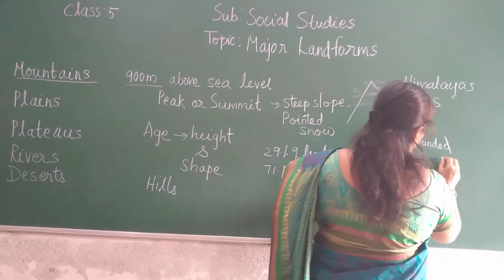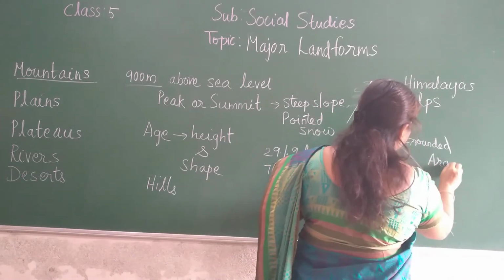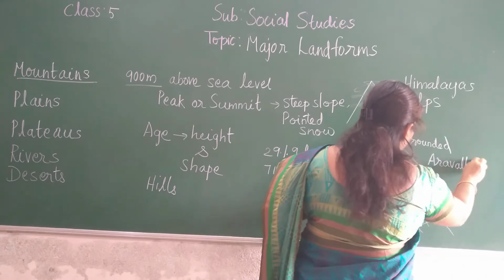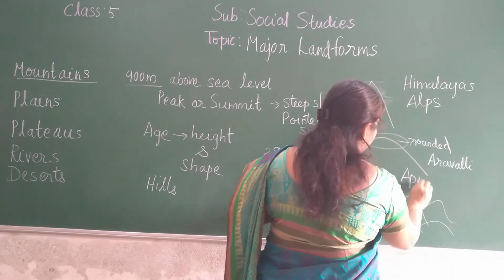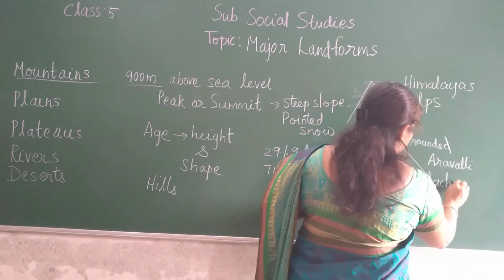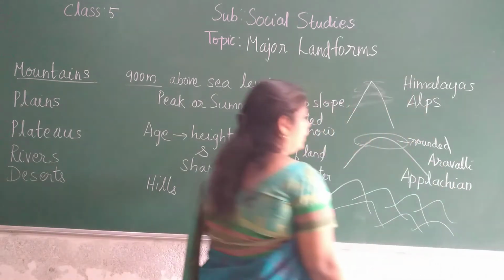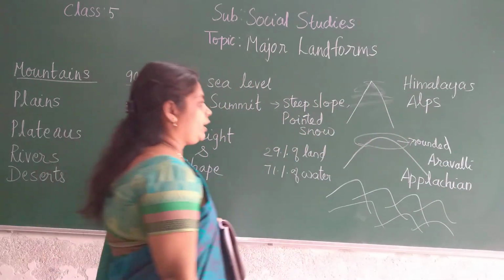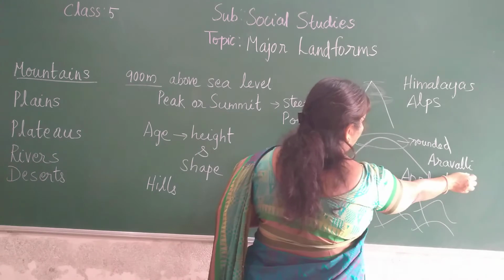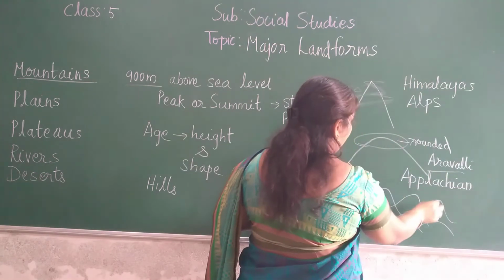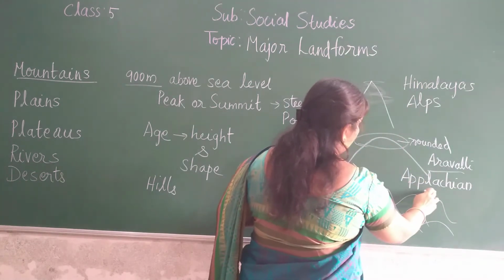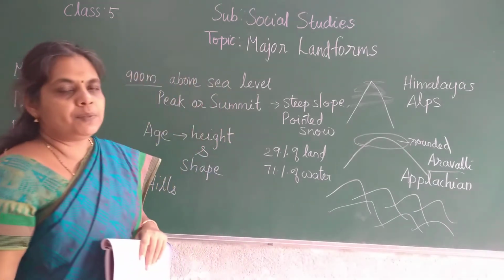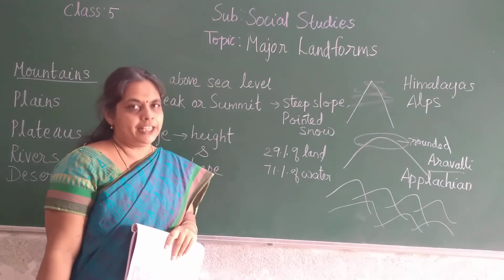Your examples are the Aravalli mountains and the Appalachian mountains. These two are examples of old mountains, children. So the Aravalli mountains are older than the Himalayas. Okay, so the Appalachian mountains also come under the older age, children.